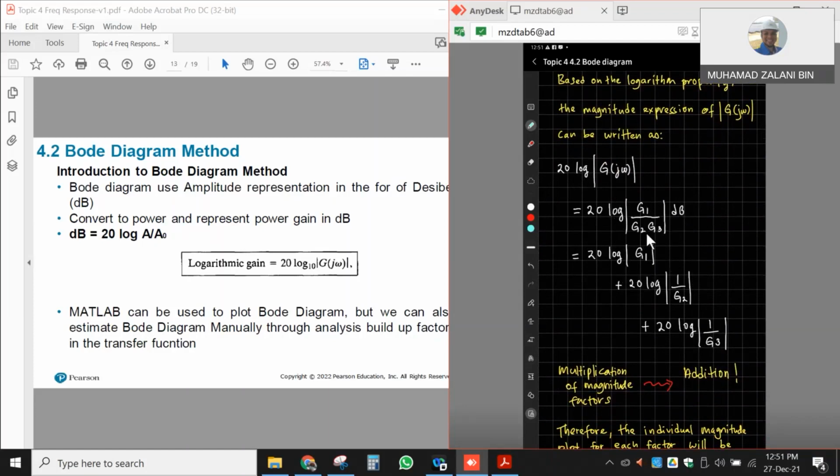And we can split this fraction into addition.